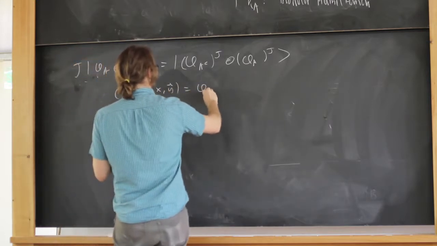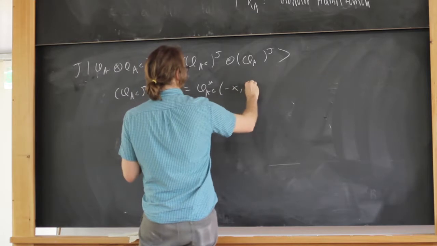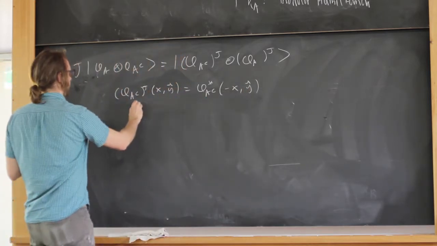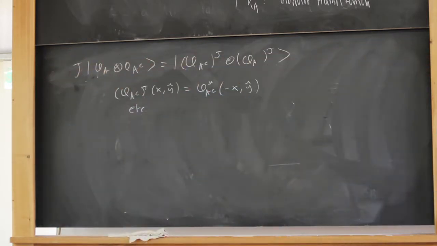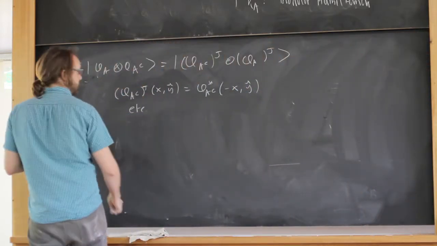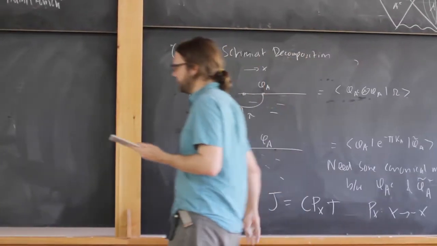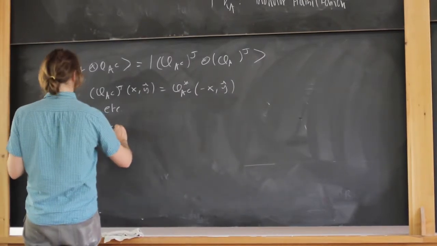It's the complex conjugate. Remember, this is some classical field with the coordinates flipped, x to minus x, etc. So given this, we would like to identify this path integral with this path integral after acting with this conjugation. So that means we equate as follows.